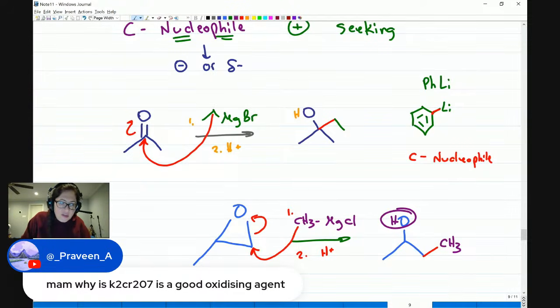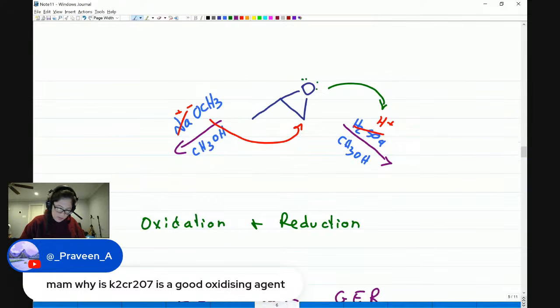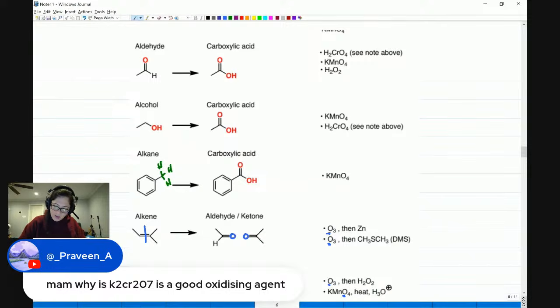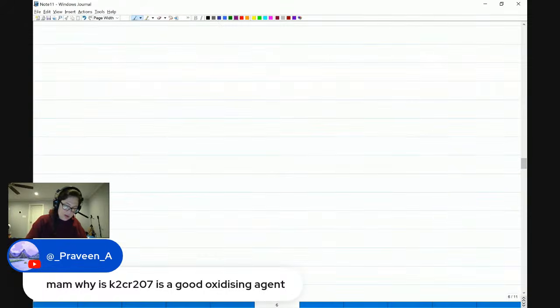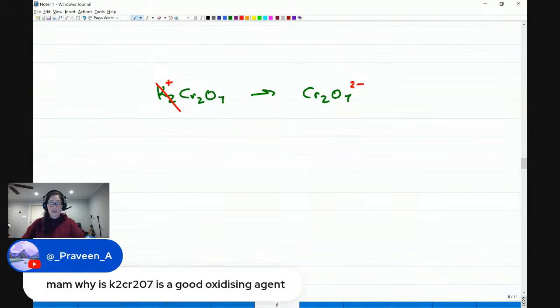Why is K2Cr2O7 a good oxidizing reagent? For that, you have to look into the reactivity of it. Let me go back. Where were we with redox? Over here. I'll just squeeze it in down here. So you're looking at K2Cr2O7. That is really just Cr2O7 with a 2-. The K2, that's a positive spectator.